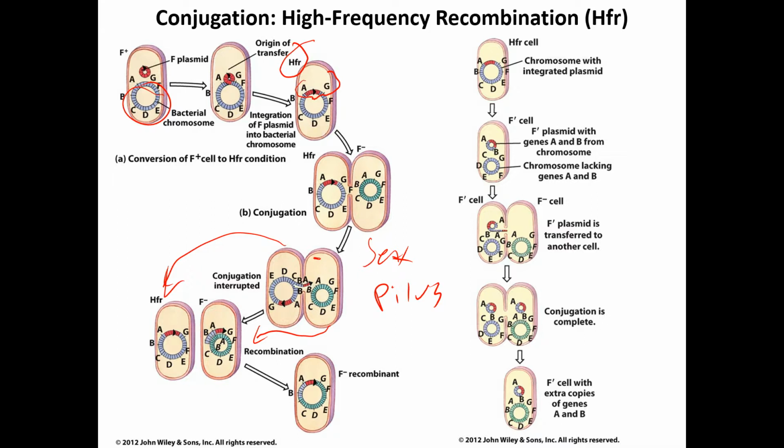But in this case, you have a portion of the F plasmid and a portion of the bacterial chromosome that can combine and align with the host cell chromosome in green here, for example. You have the recombination event and you get new genes. So this is an F minus recombinant.